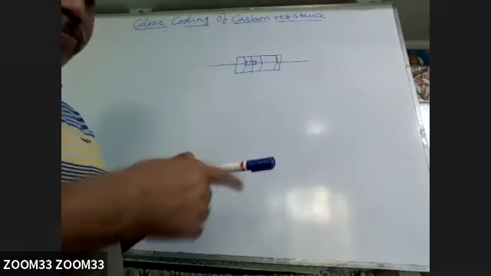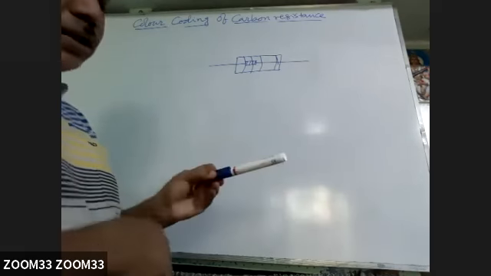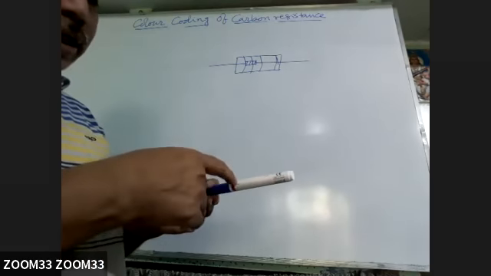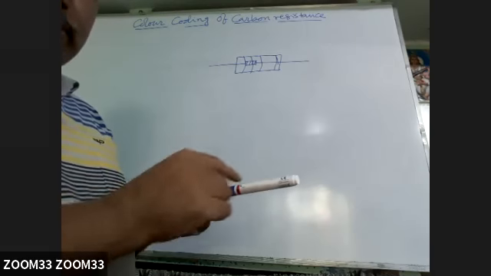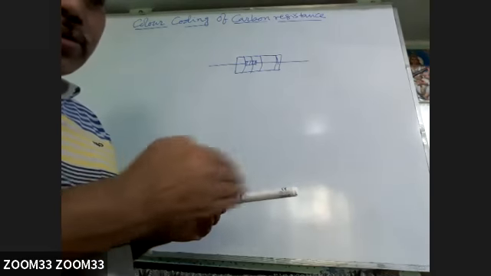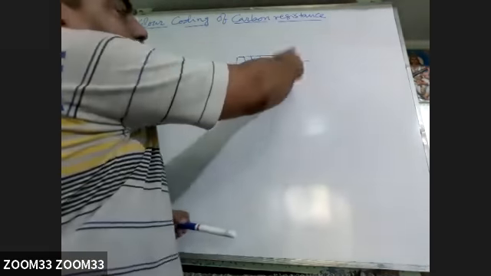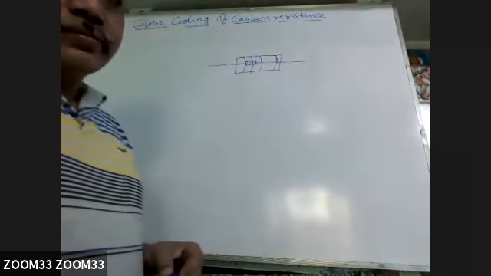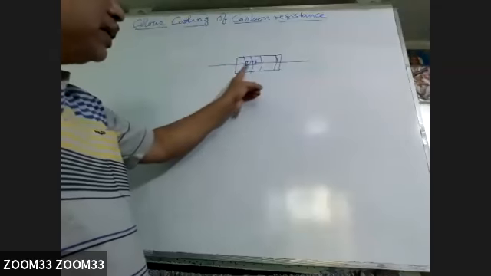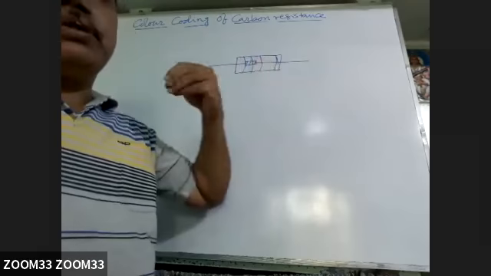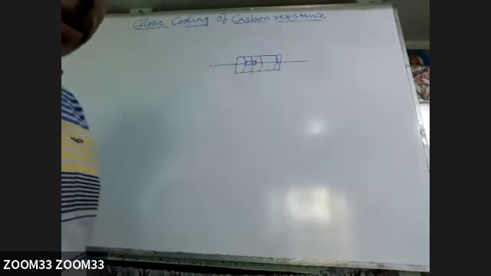So this is the first ring, second ring, third ring, and the 4th ring is closer to the right side.